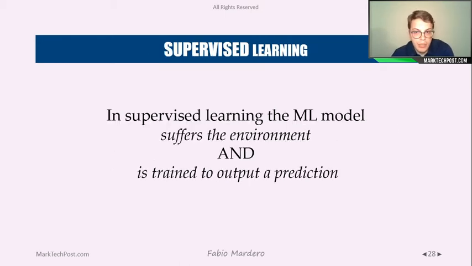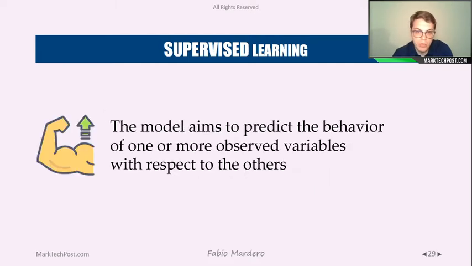In supervised learning, instead, the machine learning model suffers the environment, is passive, but is trained to output a prediction. So the model here aims to predict the behavior of one or more observed random variables with respect to the others.